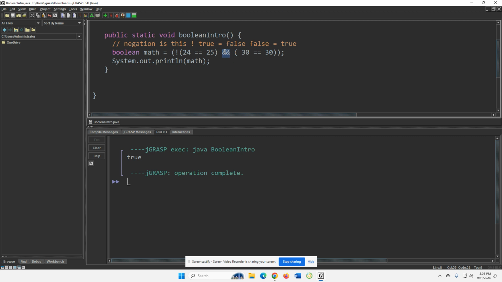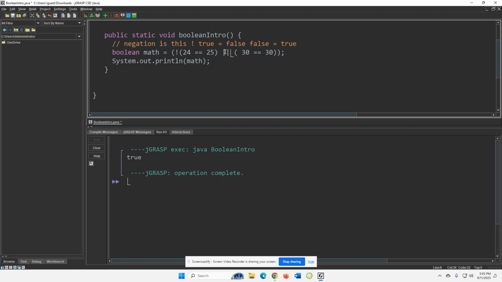Let me go ahead and show you with another example. You could pause the video and try it on your own, but let me just explain what this does. Here we have 24 equal 25, or 30 equal 30. If you remember, or basically says, is one thing true? I don't care about everything else if it's false. Is at least one thing true for all the conditions we have?